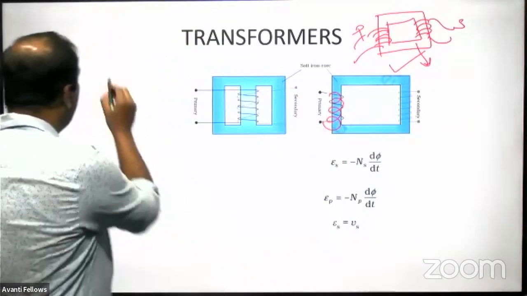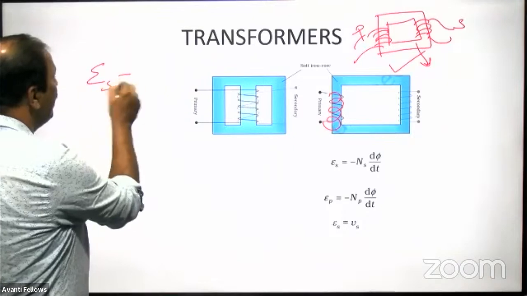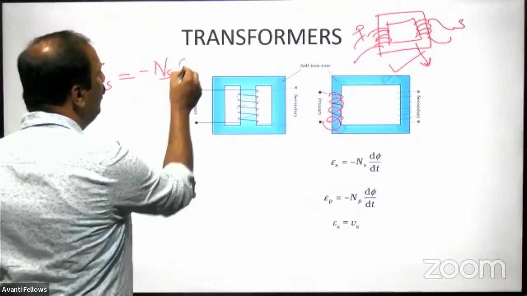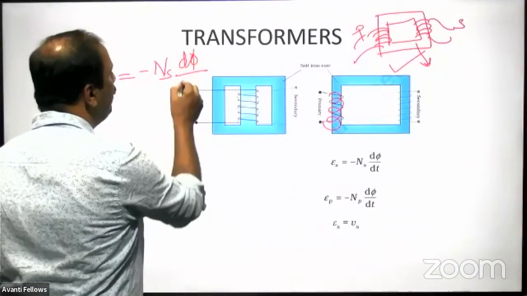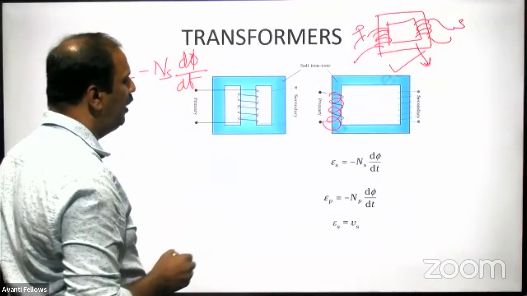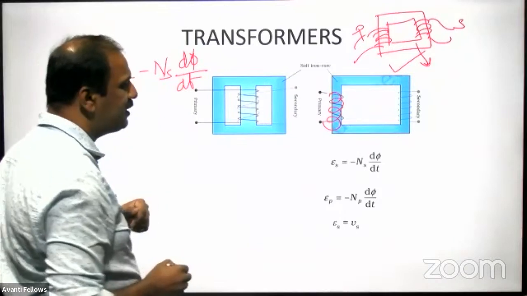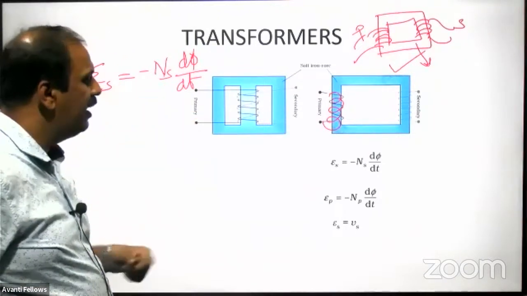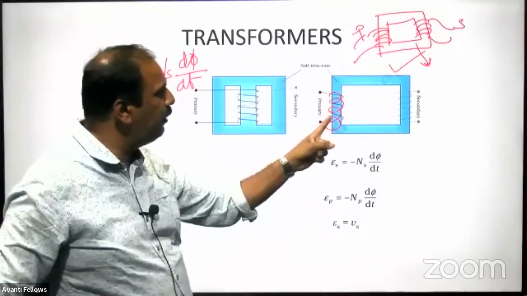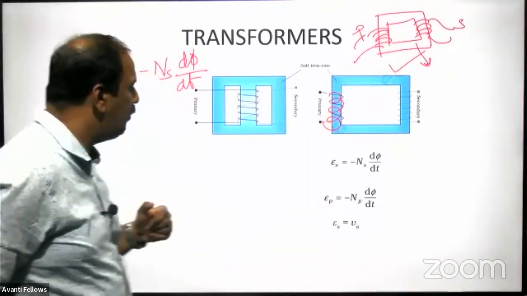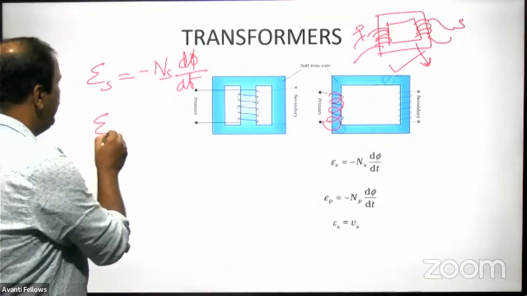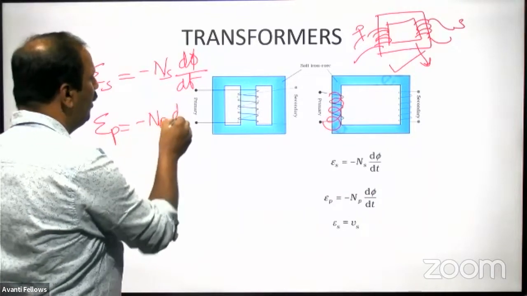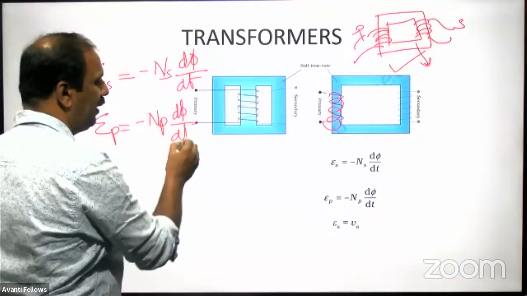So this EMF across the secondary, ES, is given by minus NS into d phi by dt, our normal equation, where NS is the number of turns in the secondary. Similarly, there will be a back EMF in the primary also. So the induced EMF in the primary, EP, is given by minus NP into d phi by dt.